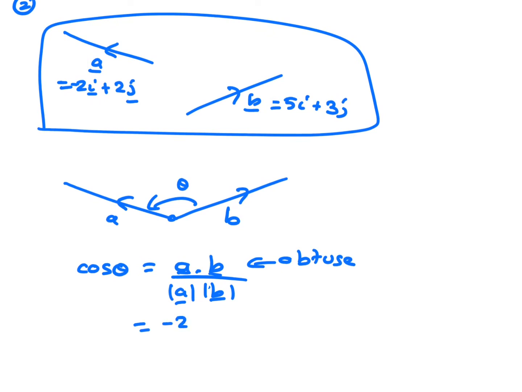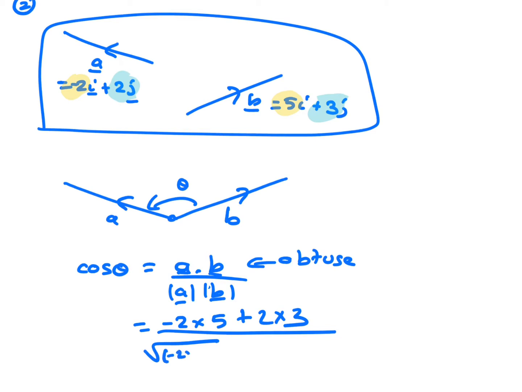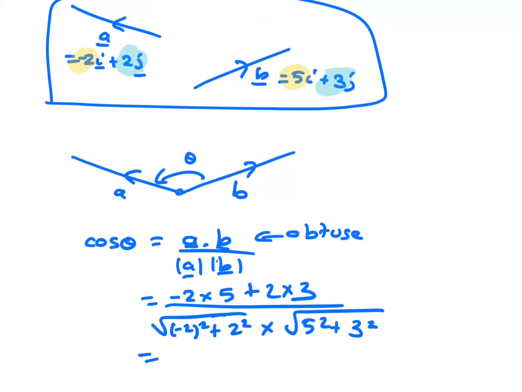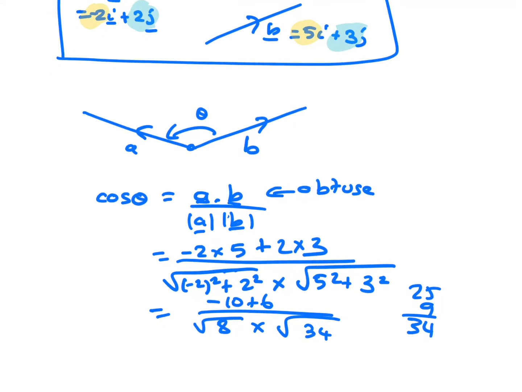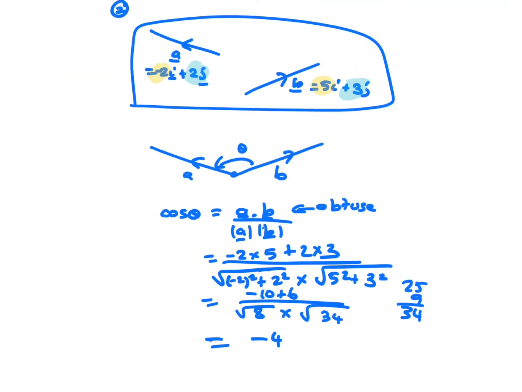That would be minus 2 times 5, multiplying the x values, and then multiplying the y's, plus 2 times 3, over the square root of minus 2 squared plus 2 squared times the square root of 5 squared plus 3 squared. So you get minus 10 plus 6 over root 4 plus 4 is 8, and 25 and 9 is 34, so over the square root of 34. So you've got minus 4 on root 8 times root 34.